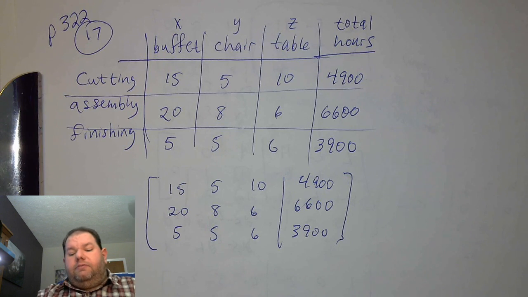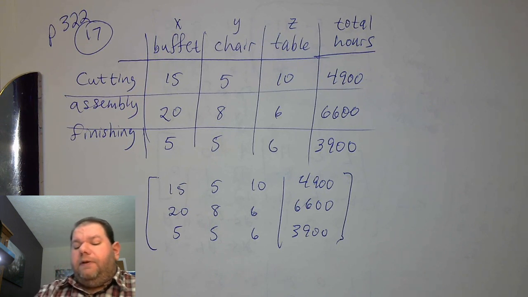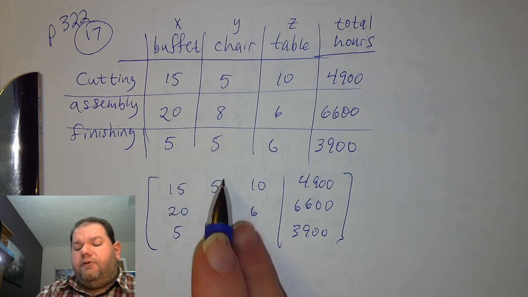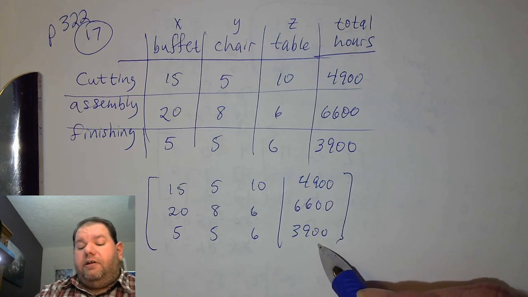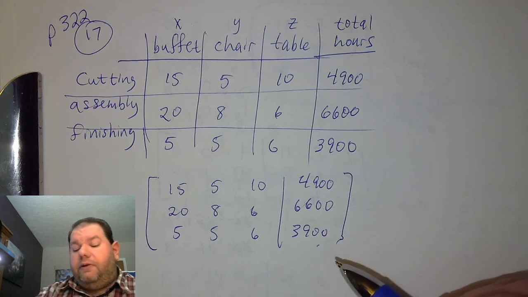One thing is our goal is to basically reduce this to an identity matrix, so it's 1, 0, 0, 0, 1, 0, 0, 0, 1. And then whatever's over here is the number of each type of furniture that we should make afterwards.